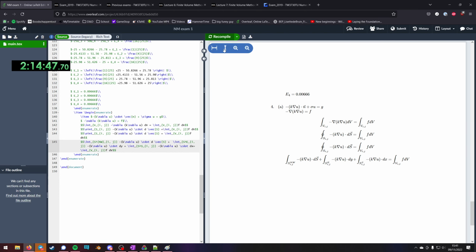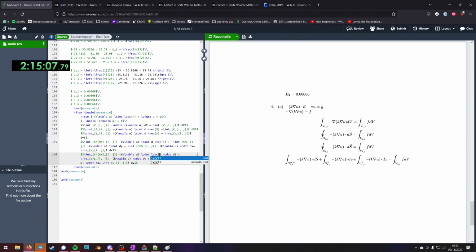So this dot delta S can be expressed as, I'm just gonna call this ds and add a dot vec normal here.